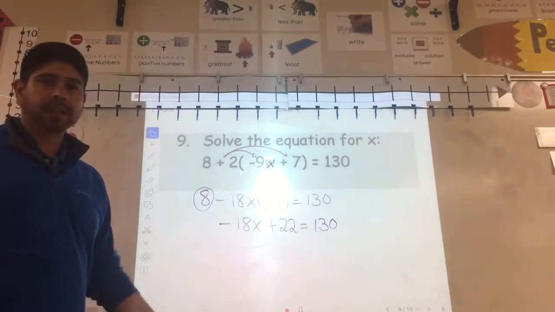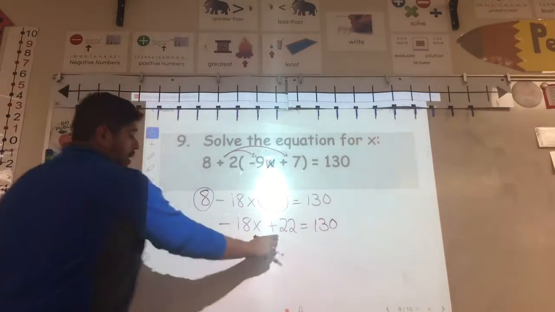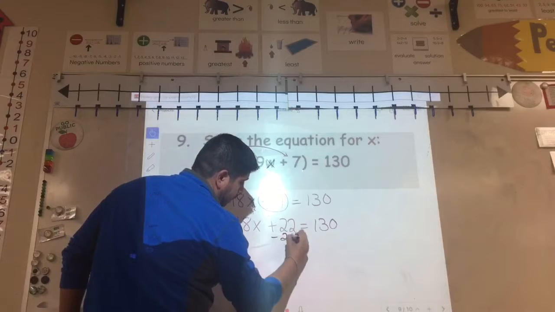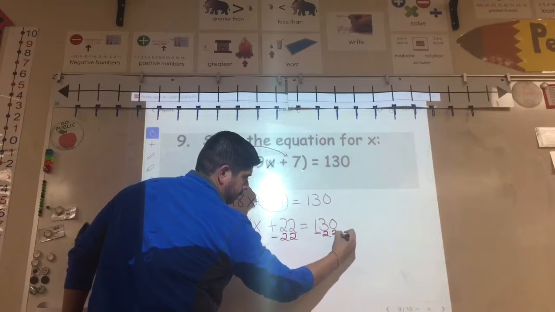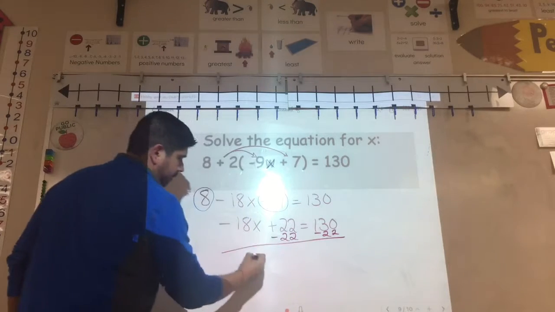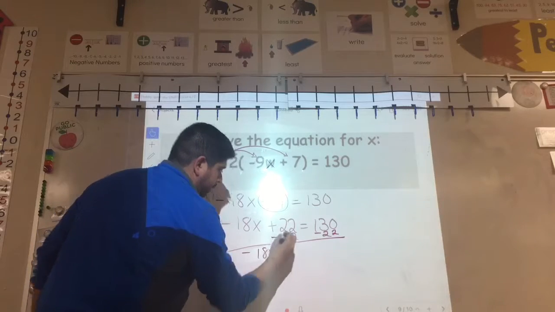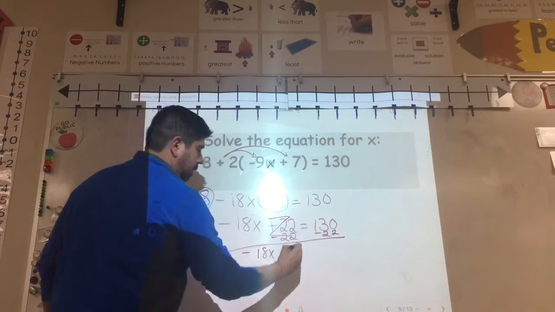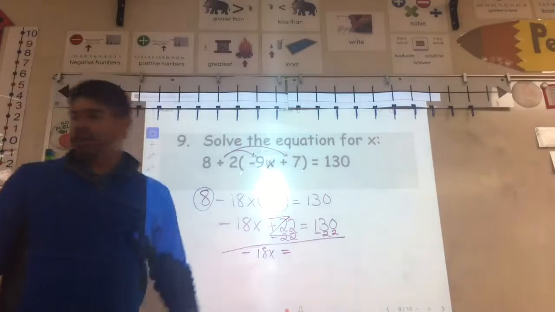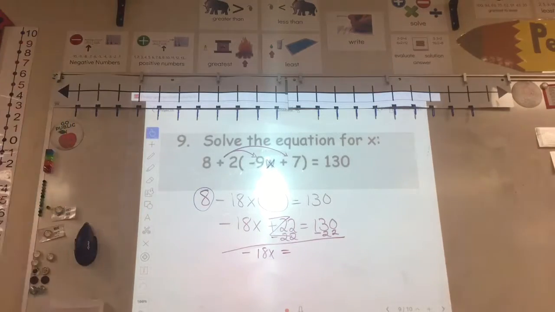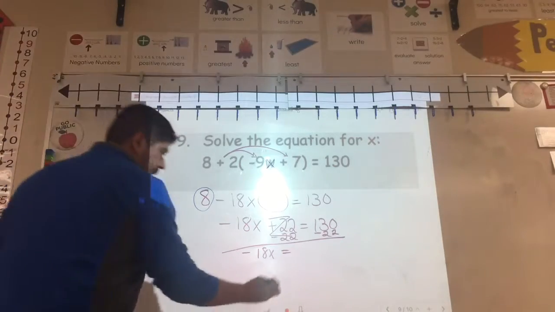So now that I've shortened it, all I'm doing is solving for x. It's a two-step equation. The inverse of plus 22 is minus 22. This comes down, negative 18x. This is going to zero out. It equals 130 minus 22, which is 108.